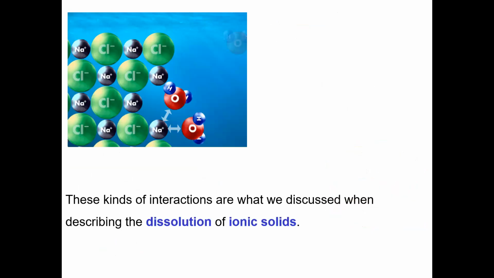Now, we sort of talked about this before when we were talking about ionic compounds. We said the reason that an ionic compound dissolves is the result of formation of strong ion-dipole interactions between water molecules and ions that are at the surface of the crystal.